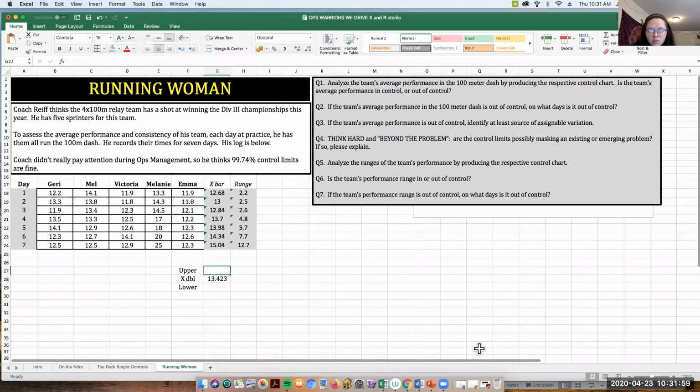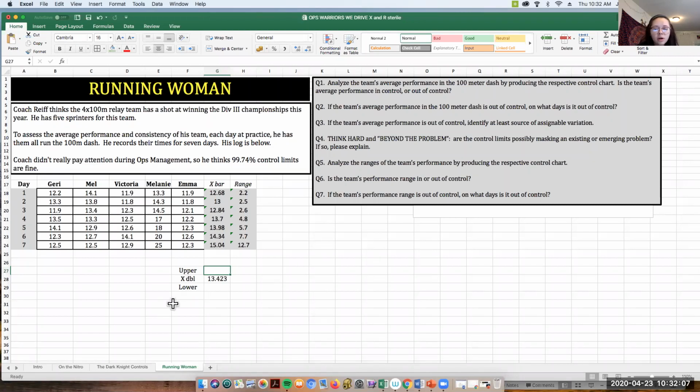You'll do X double bar, at the bottom, 13. And then you'll add A2 times R bar.